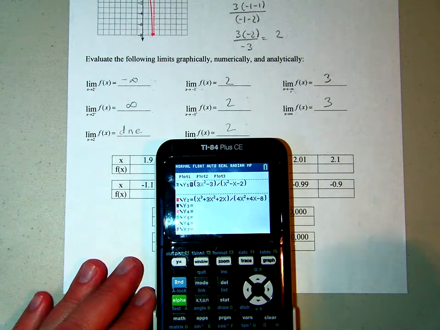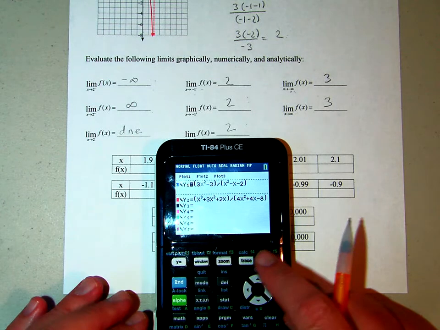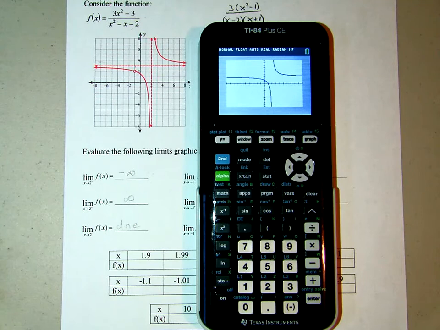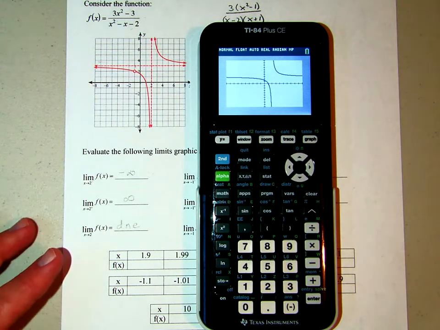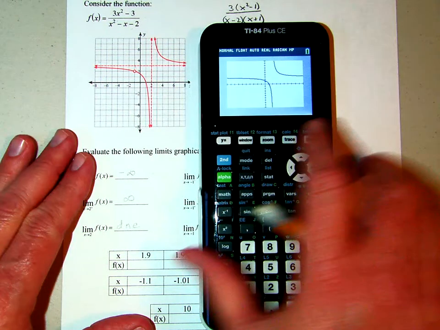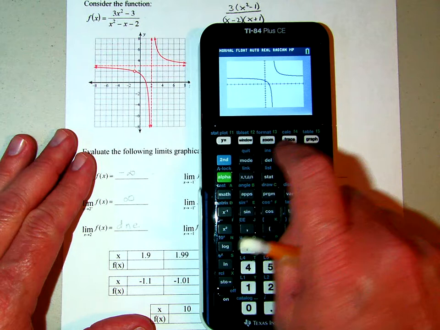It's de-highlighted, so it's turned off. If we hit graph, just do a quick confirmation. The graph on the paper appears to match the graph on my screen, confirming I probably have it typed in correctly. Now what I'm going to do is double check my table set. I want to go to second window.